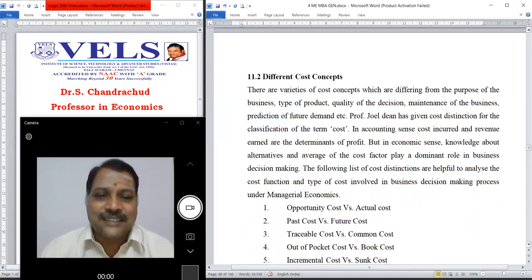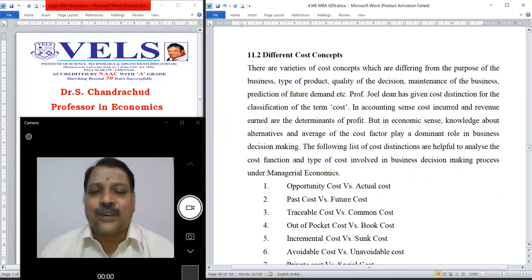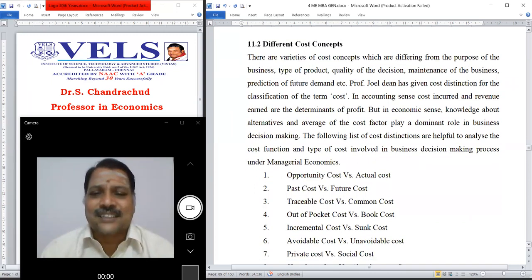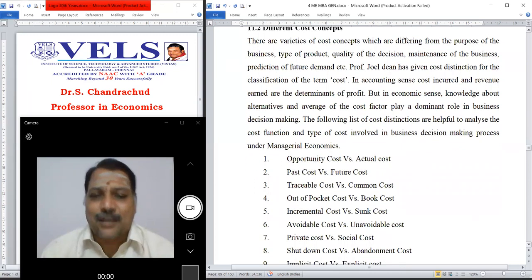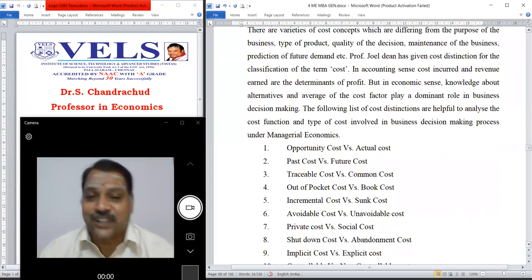In accounting sense, the cost incurred and revenue earned are the determinants of profit. But in economic sense, knowledge about the alternative and average of the cost factor plays a dominant role in business decision making. The following list is a cost distinction helpful to analyze the cost function and the type of cost involved in the business decision making process under managerial economics.